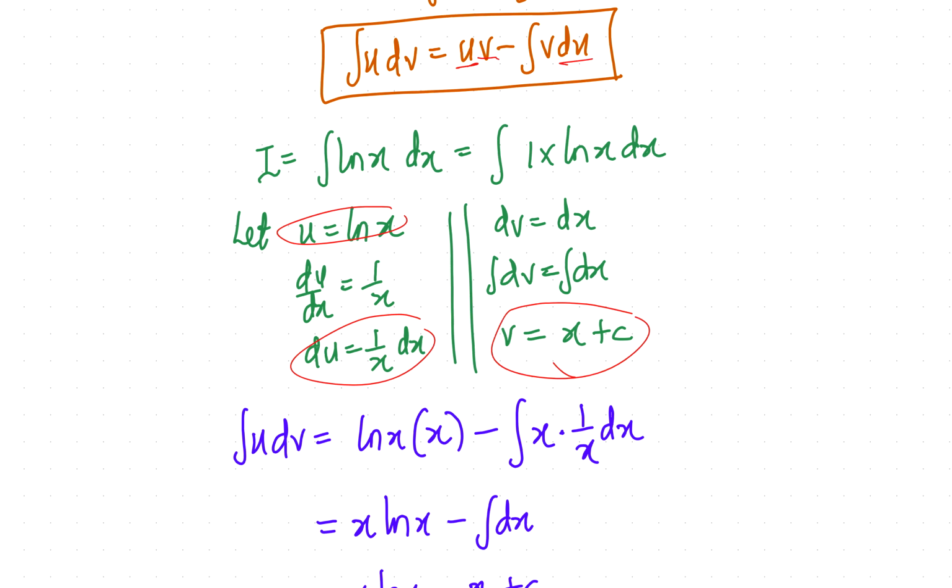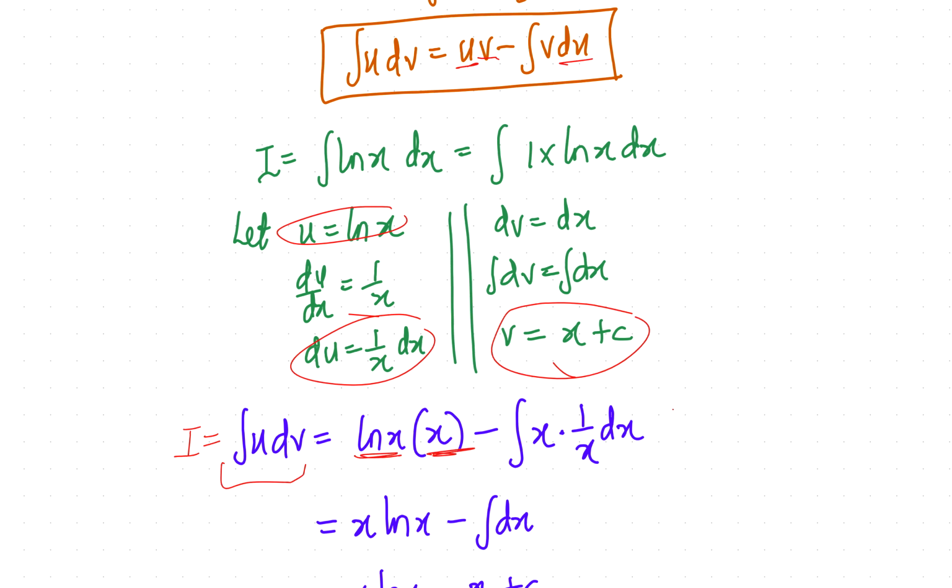So integral of u dv, you can call that I, which you need to evaluate. I equals integral of u dv, and this is equal to uv. So u is ln x, v is x. This is a constant, so we can let it rest and bring it later when we are done with everything.